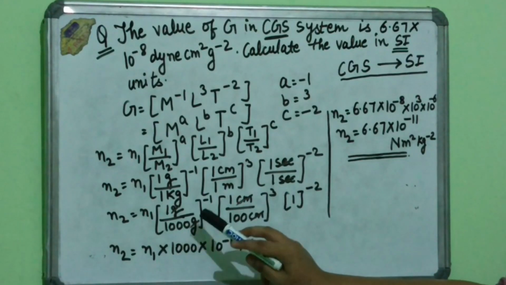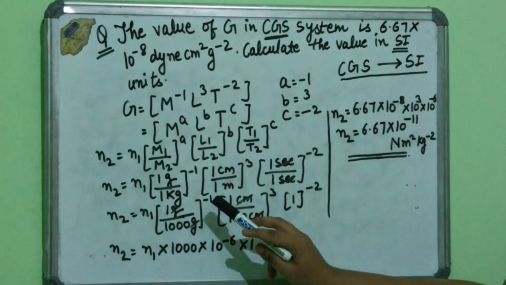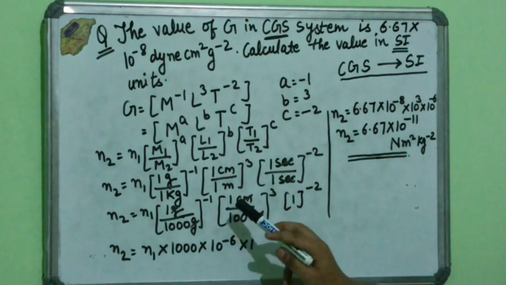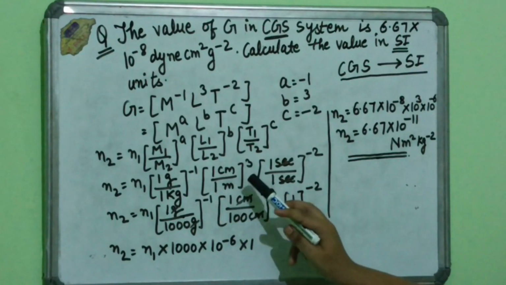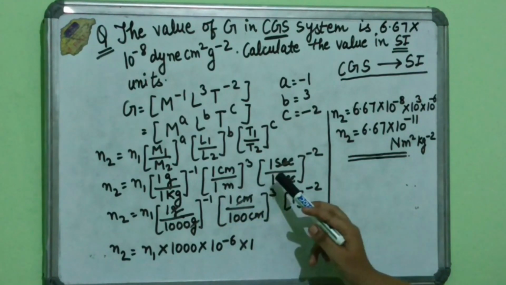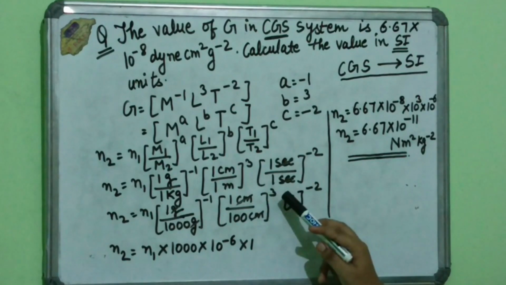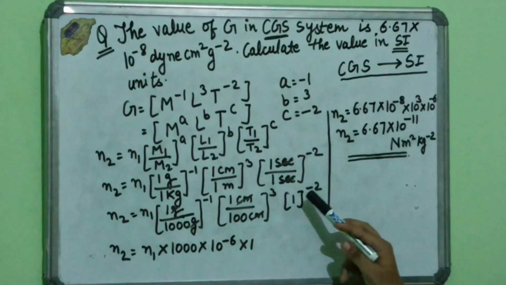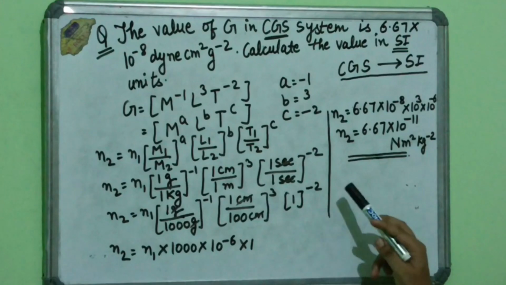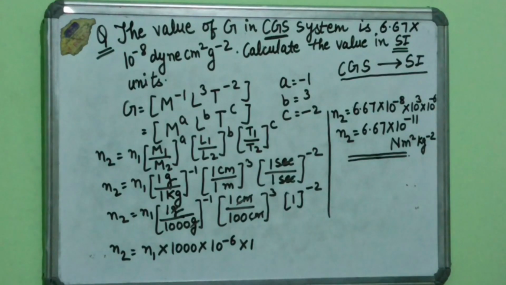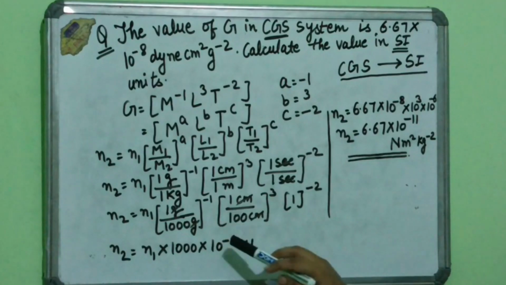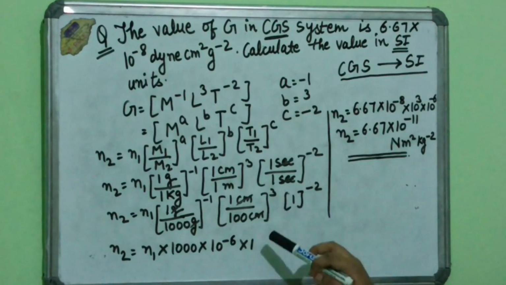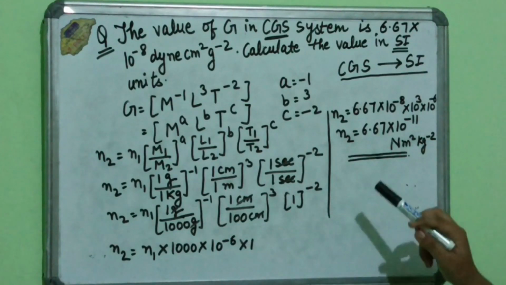So n2 is equal to n1 (1 gram upon 1 kg) to the power minus 1, which is 1000 gram to the power minus 1, (1 centimeter upon 1 meter) which is 100 centimeter to the power 3. Second gets cancelled, so 1 to the power minus 2. On solving, we get n2 is equal to n1 into 1000 into 10 to the power minus 6 into 1.